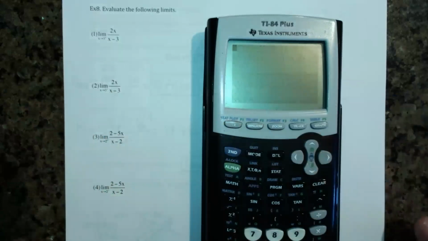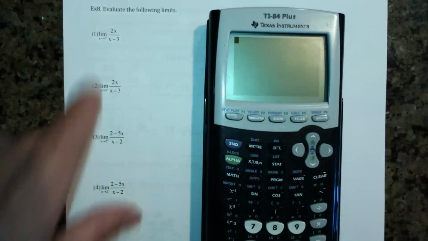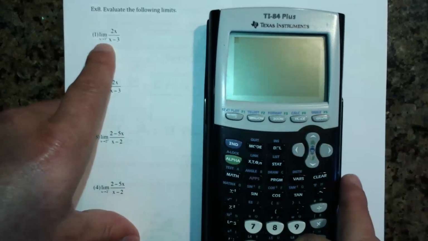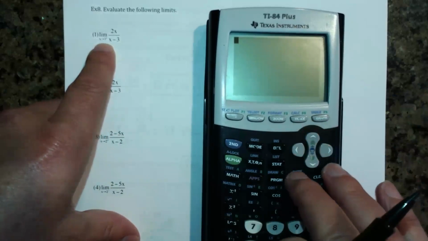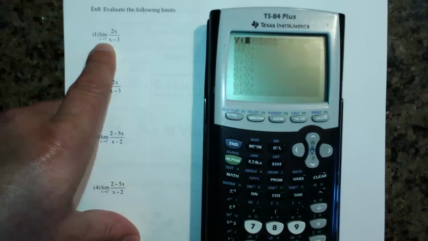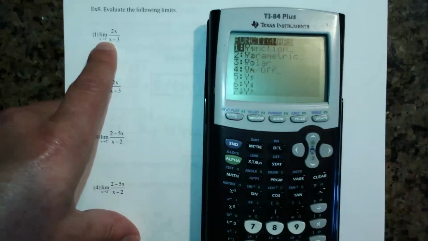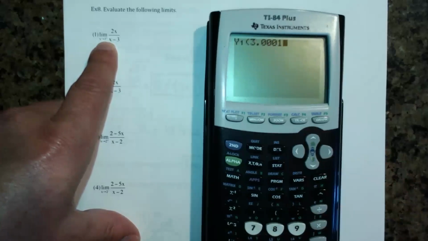What I'm going to do is evaluate this function closer and closer to 3 from the positive side. So I'm going to go vars, y vars, function y1, and let's get something. Now this means that it's slightly larger than 3. So let's do vars, y vars, function y1, parenthesis, 3.0001 and see what we get.